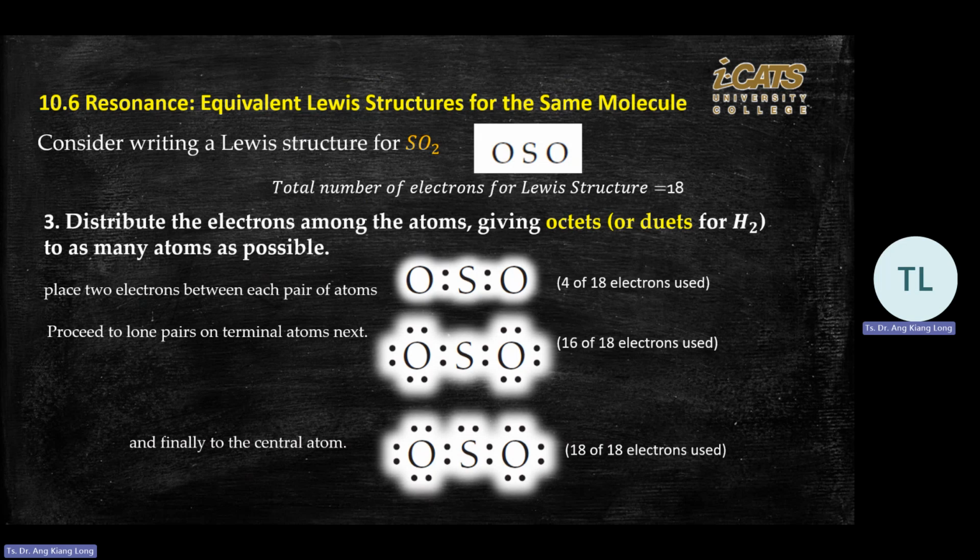Okay. So these are the detailed steps, how you distribute the valence electron. You go to the middle, you give it the bonding pair. You start with the single bond first. Then you go to the lone pair, where you give to the side atoms. Then once you distribute, then you look for the center again. So in this case, you check whether it's stable or not. So all the 18 electrons are given, but then you check whether it's stable or not. Sulfur, of course, you know it's not stable. It got 6 only.